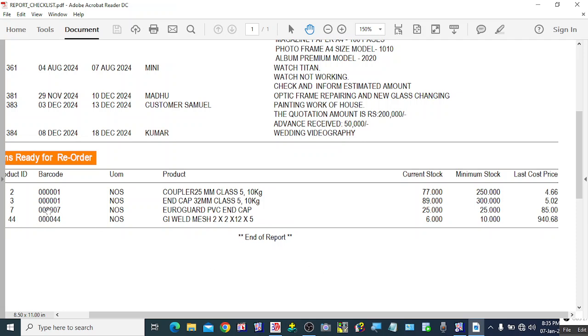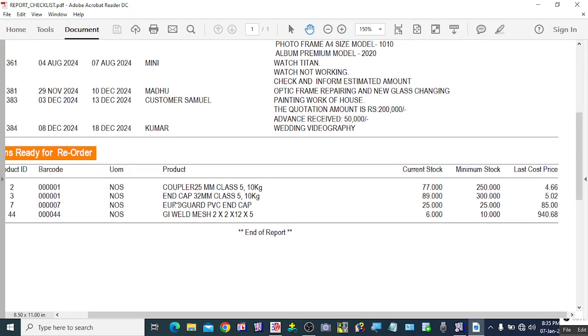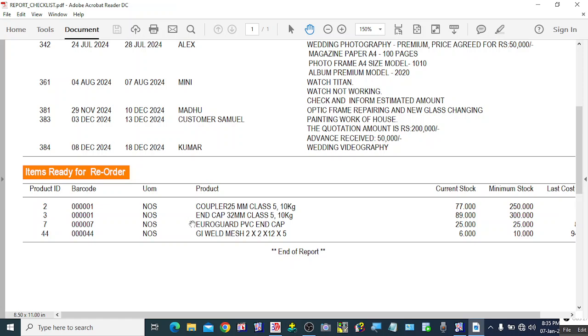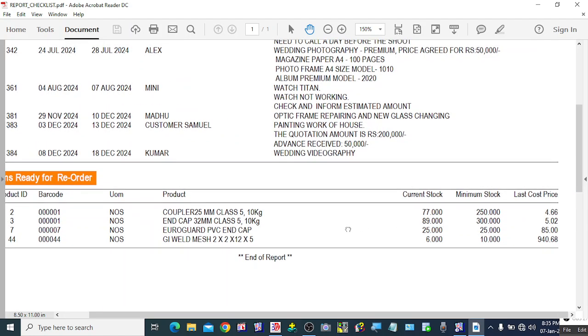So based on this report, you can invite quotation from your suppliers, or otherwise you can issue LPO to the suppliers for the fresh stock, so that there will not be such a situation that the stock is not available if any customer demanded a specific product or fast moving product. We can maintain the stability of sufficient stock in your system.